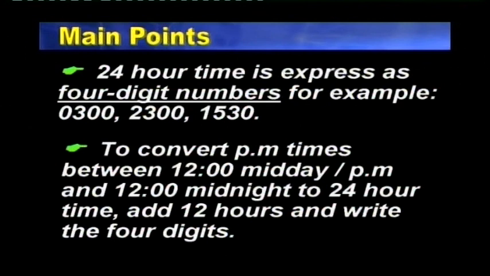We add it to whatever time is given in order for us to have it written in 4 digits. So having in mind, AM is times in the morning before lunchtime. PM refers to times after lunch till 12 o'clock midnight.